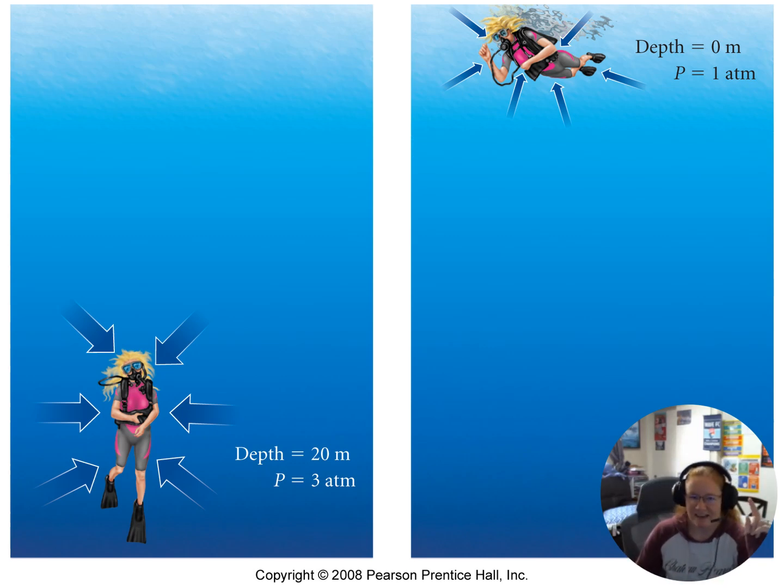let's say instead of a scuba tank, we have a really long snorkel. Can you breathe at 20 meters depth with a pressure of 3 atmospheres with that snorkel? No, you cannot. At depth, you can't reduce the pressure in your lungs because now you've got this external pressure pushing on you.